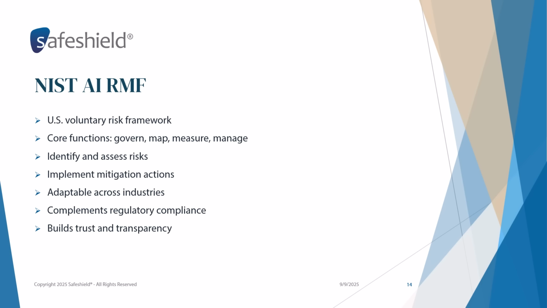Adoption of the framework demonstrates a proactive approach to governance, helping organizations address ethical, legal, and reputational risks before they escalate. By applying the NIST AI Risk Management Framework, organizations can effectively manage risks while also building trust and establishing AI practices that are transparent, fair, and accountable. The framework has quickly become a global reference point, influencing AI governance strategies far beyond the United States.